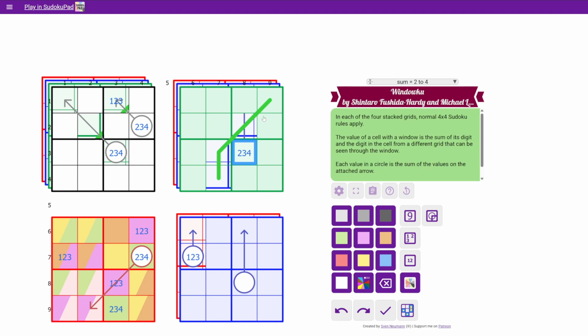Oh, wow. So two of them have to be higher than 5, and it has to be these two. These two have to be higher than 5. Or the values have to be higher than 5.